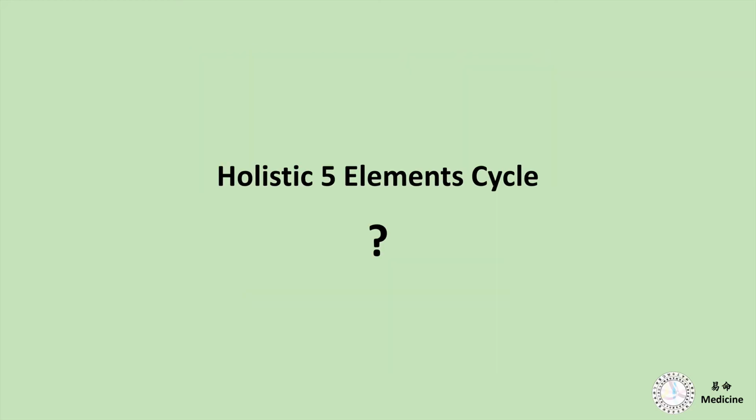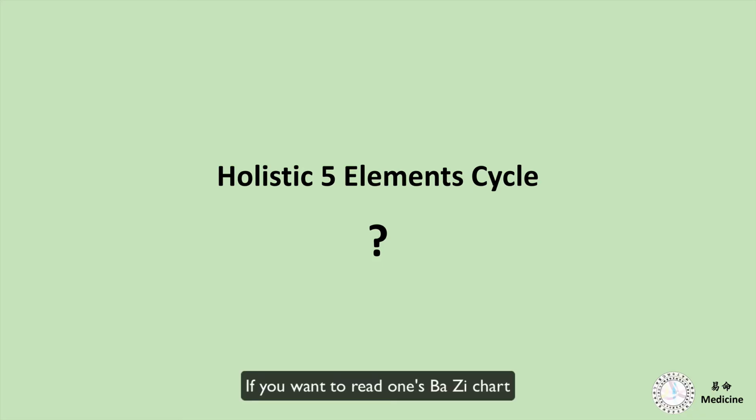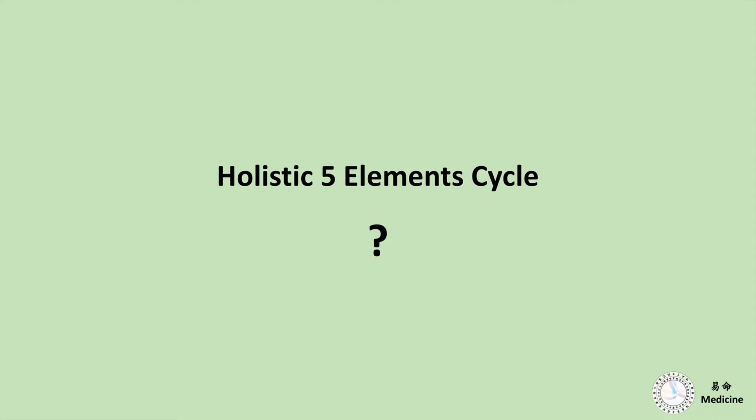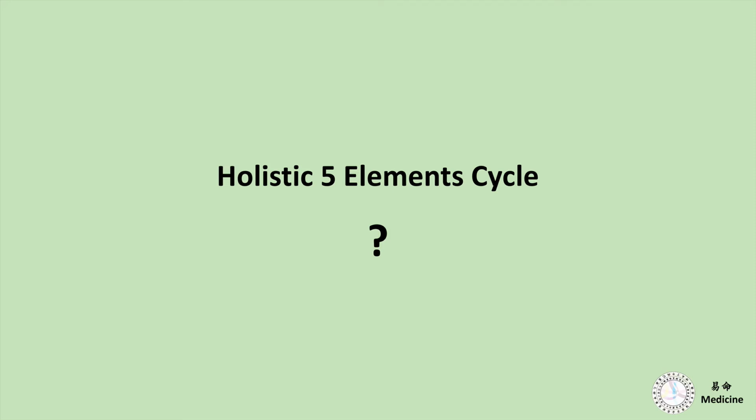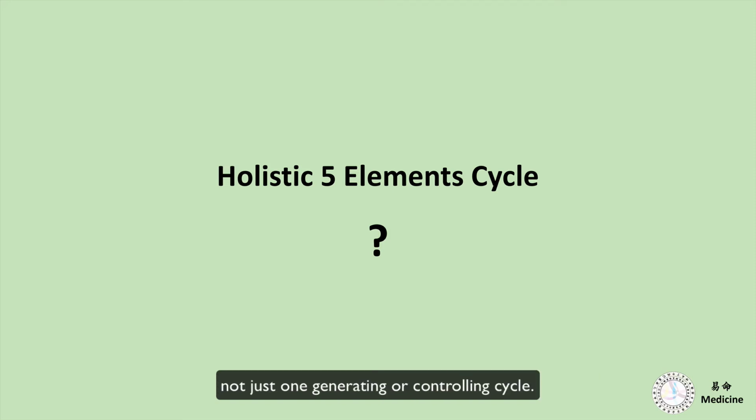So what is holistic 5-element cycle? If you want to read one's Bazi chart or diagnose a patient's state based on 5 elements, we should look at the whole dynamic of 5-element cycles, not just one generating or controlling cycle. That's what I mean by holistic 5-element cycle.